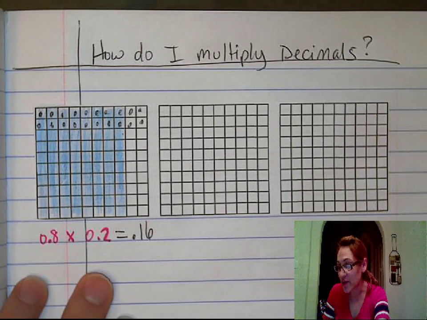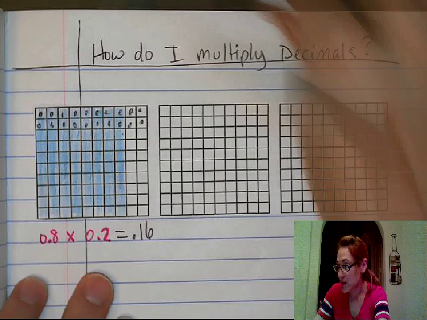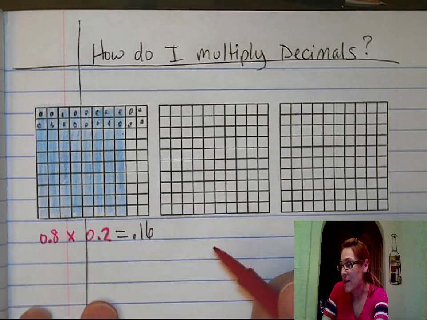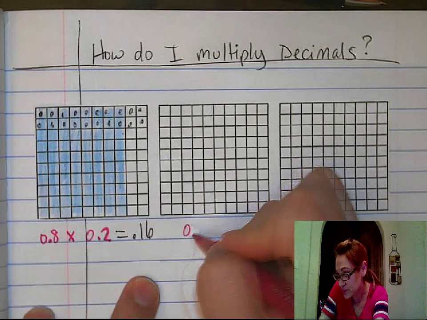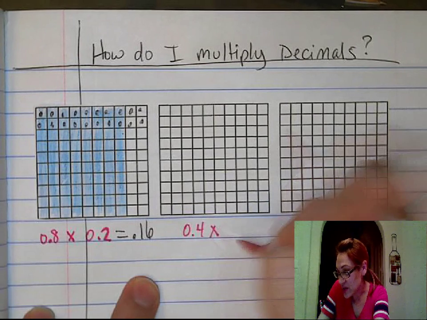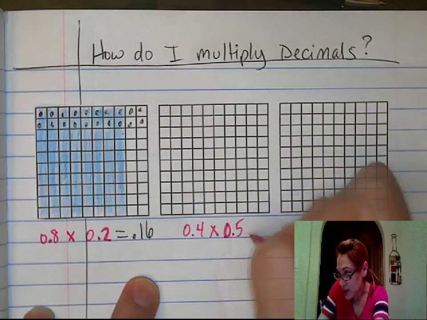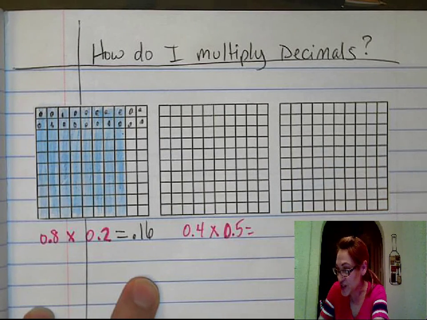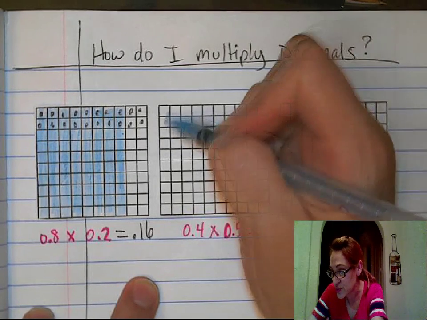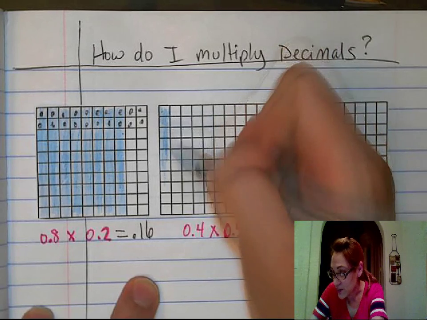Let's take a look at another one. Let's take a look at 4/10 times 5/10. Alright, so again we're going to shade in 4/10, and I'm going to use the columns to represent the 4/10.